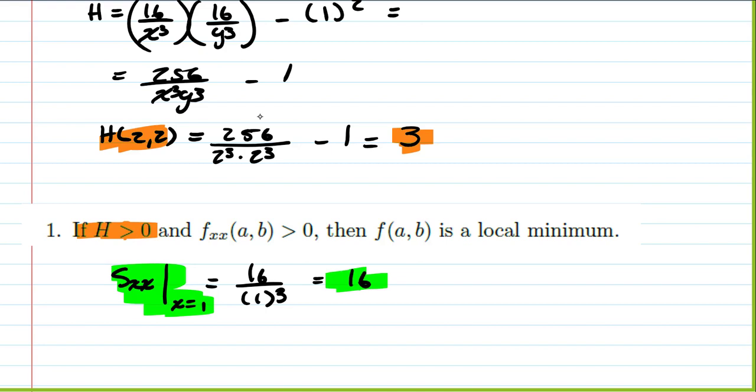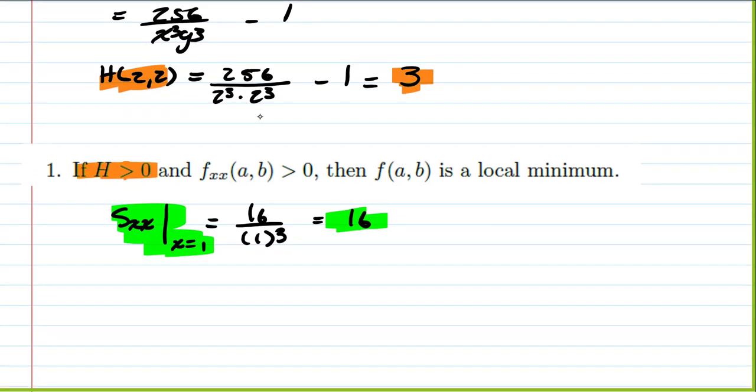So indeed, that point is a local minimum, as we saw. So then that tells us that the local min is at 2, 2, and 1.